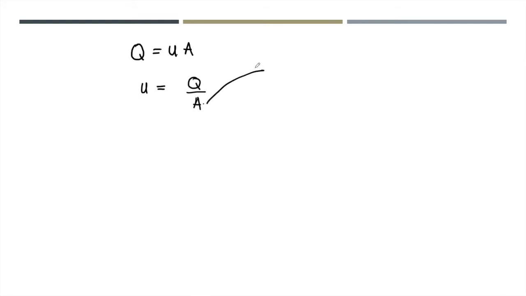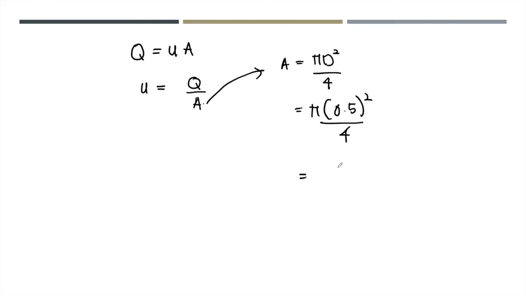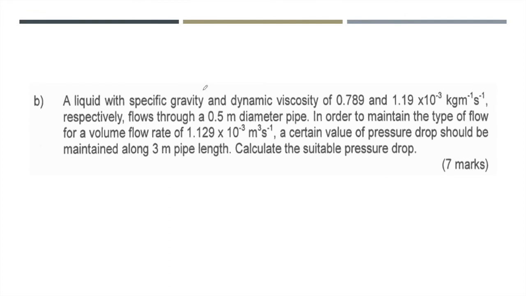Now we have to calculate the area. Area here is pi d squared over 4. So pi times the diameter 0.5 squared over 4. You will get the area of your pipe as 0.1963 meter square. And then what about the volumetric flow rate? This question already gives it in meter cube per second.